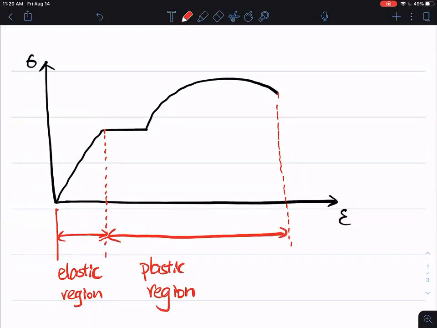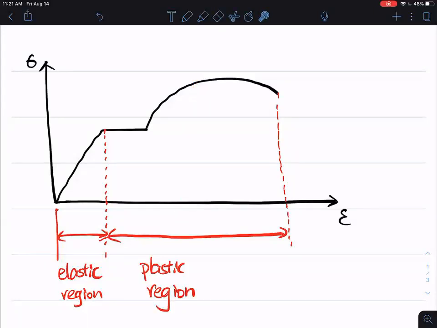Another way to test this: if I apply a stress which is that large, somewhere around there, then the corresponding point on the curve will be inside the plastic region.